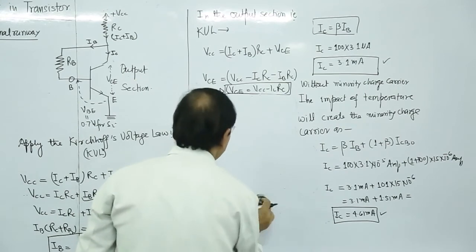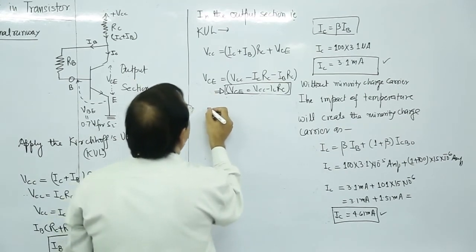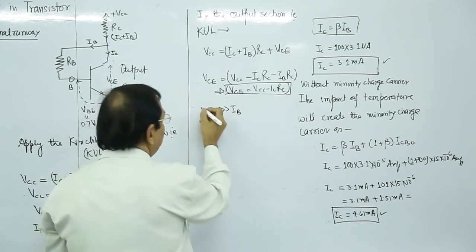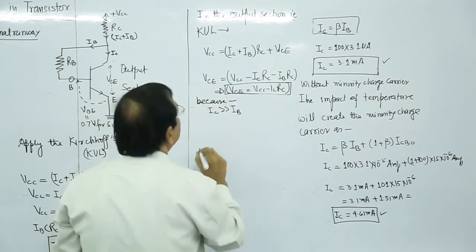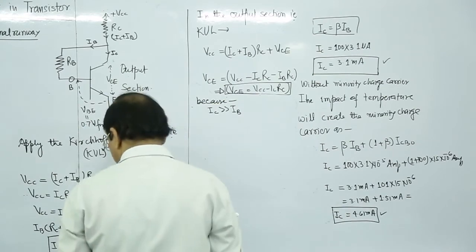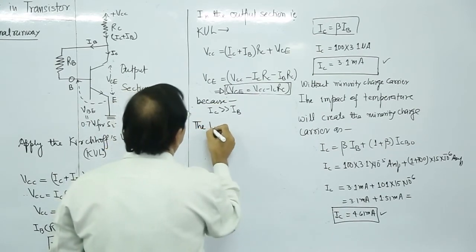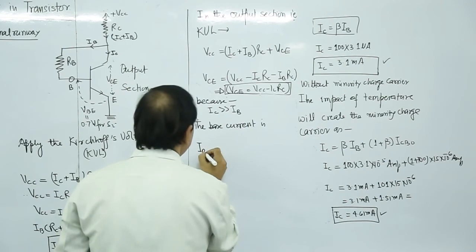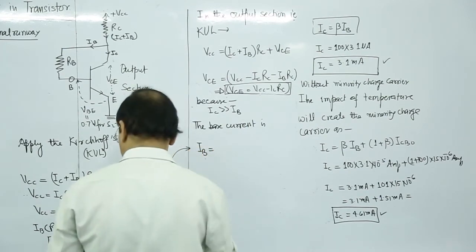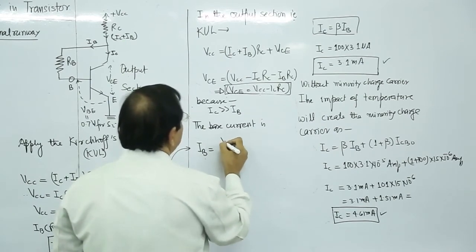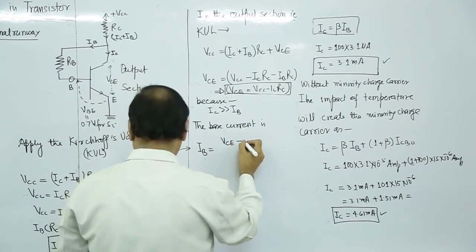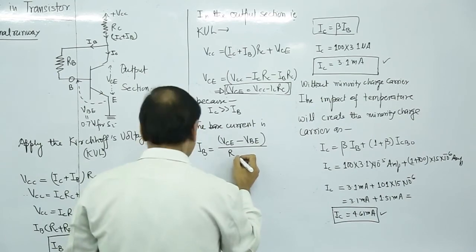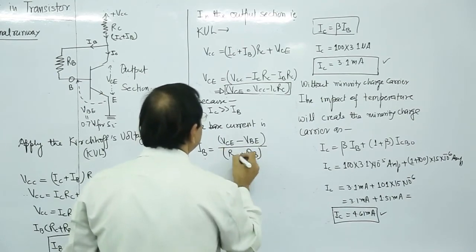Now the base current IB is equal to VCC minus this VCE minus VBE, upon RC plus RB. This base current is this much.